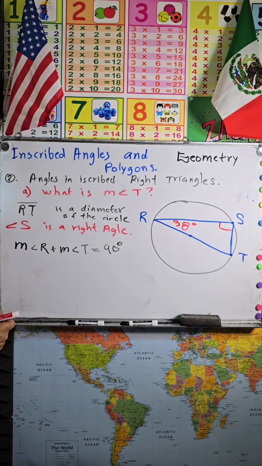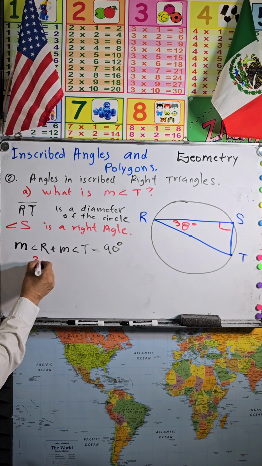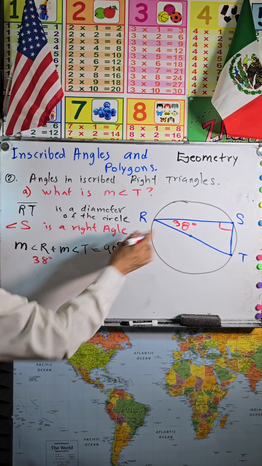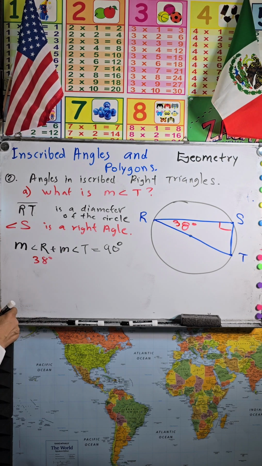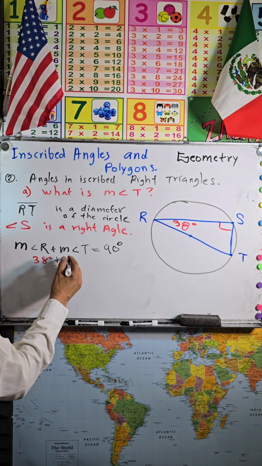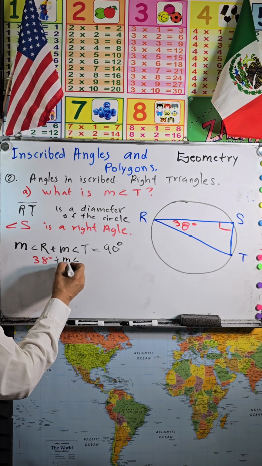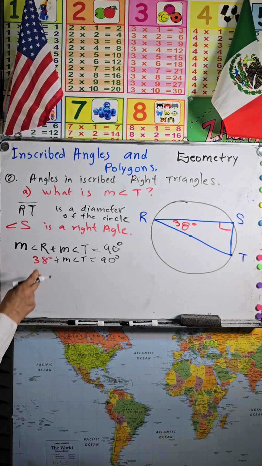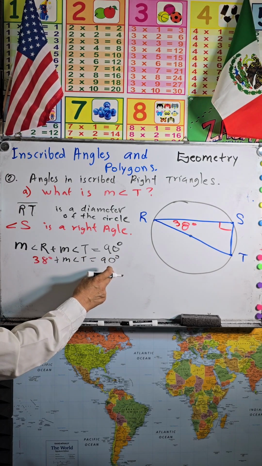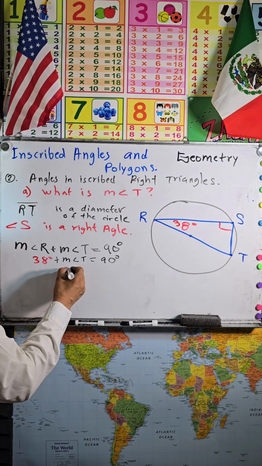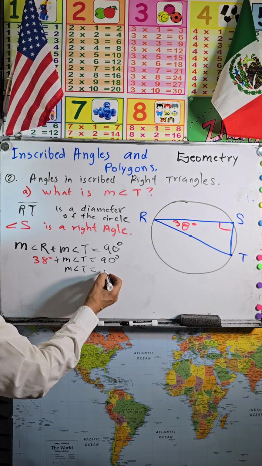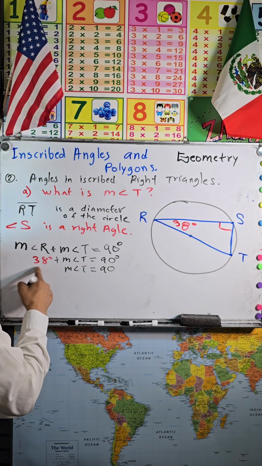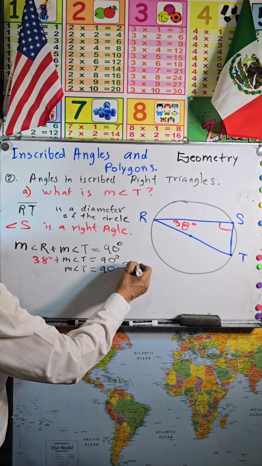Let's write 38 degrees plus the measure of angle T equals 90. So move this number to the other side, and we have the measure of angle T equals 90 minus 38 degrees.